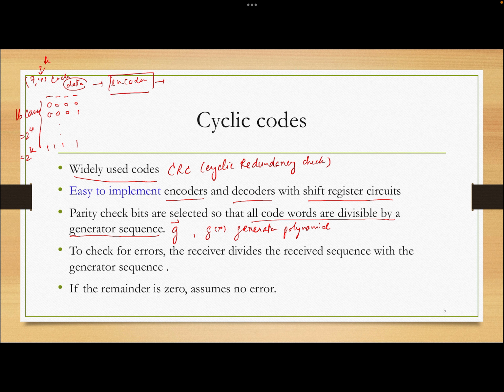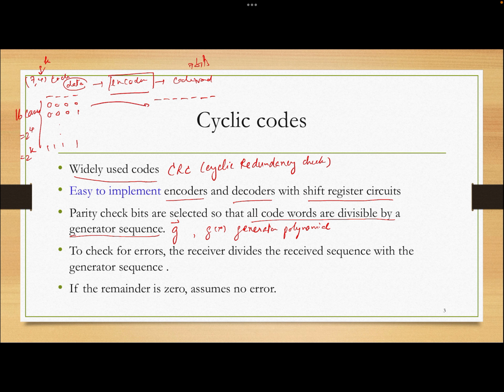and then you get the code word, right? Now the code word has 7 bits. But when you transmit, because you have only 16 patterns of data sequence that you can transmit, you also have 16 values of code words.